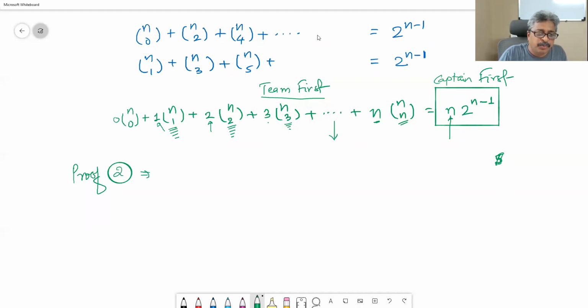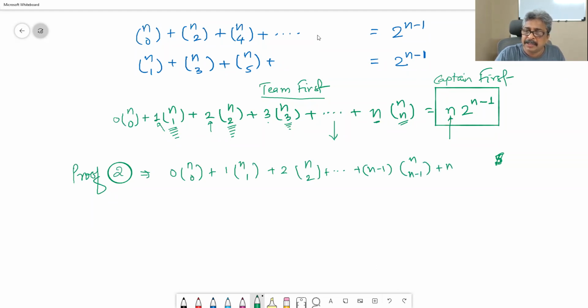Therefore the second proof is 0 times n choose 0 plus 1 times n choose 1 plus 2 times n choose 2 plus dot dot dot plus n minus 1 times n choose n minus 1 plus n times n choose n. That is our LHS.